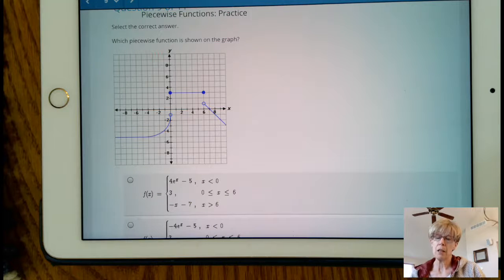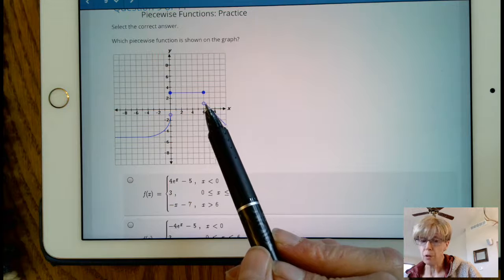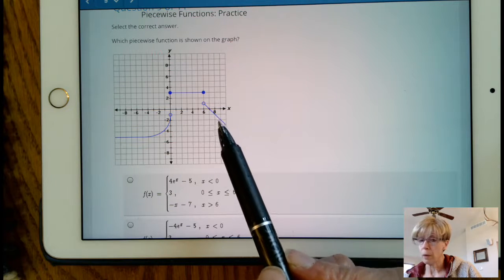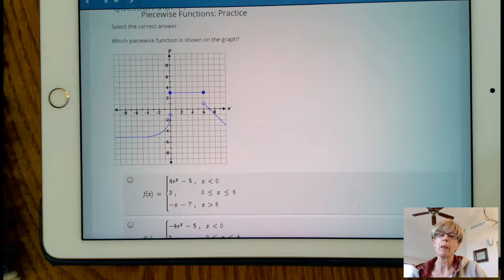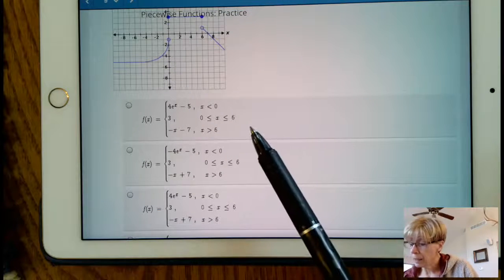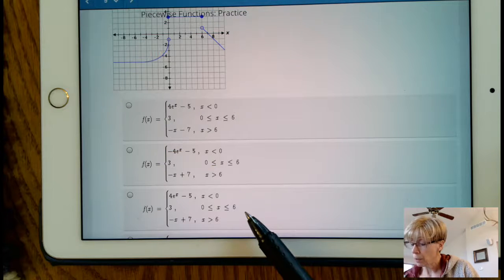And something that I notice about this line is even if we just start at the open circle, we're going down 1 to the right 1, down 1 to the right 1, down 1 to the right 1. Our slope is negative in this particular case. So if we look at the third piece in each of our functions, we can keep this answer, we can keep this answer, we can keep this answer.